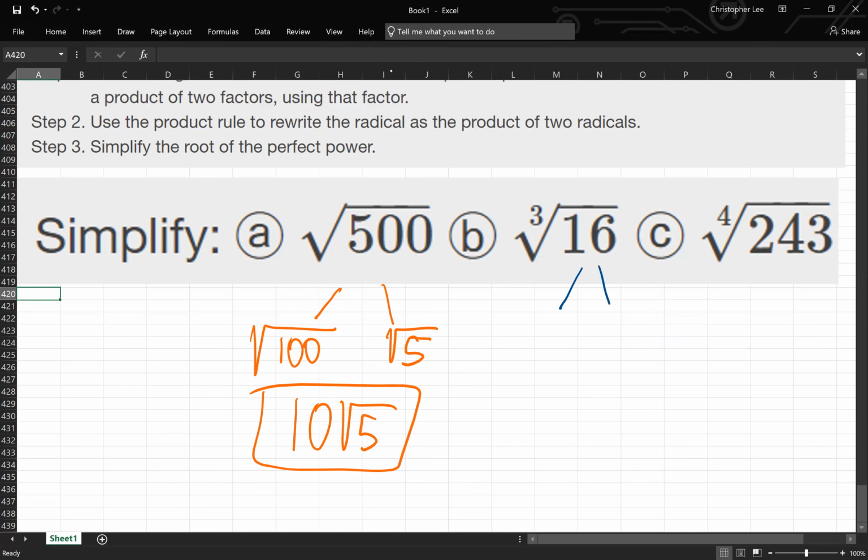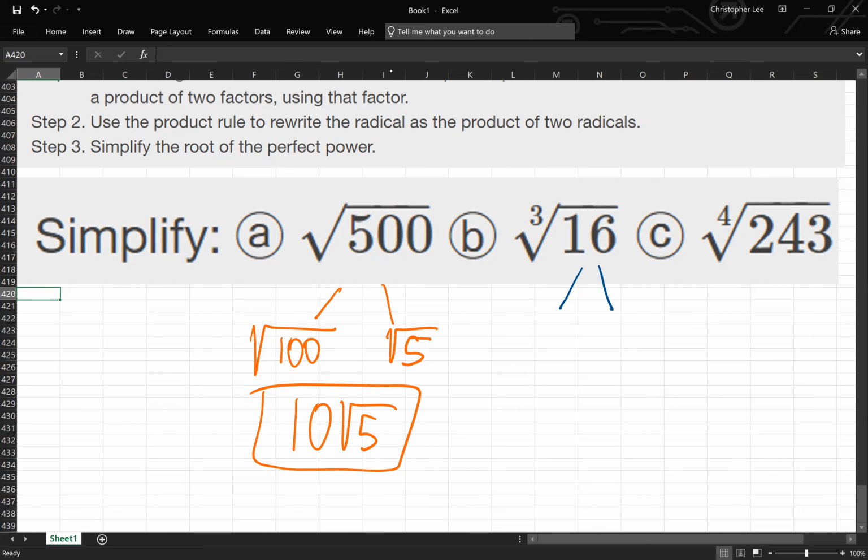So what's the perfect cube that goes into 16? What is it? Not 4. Not 2.